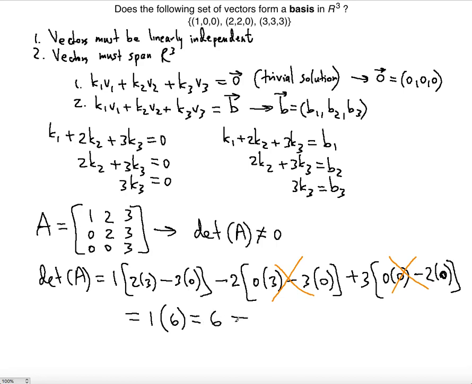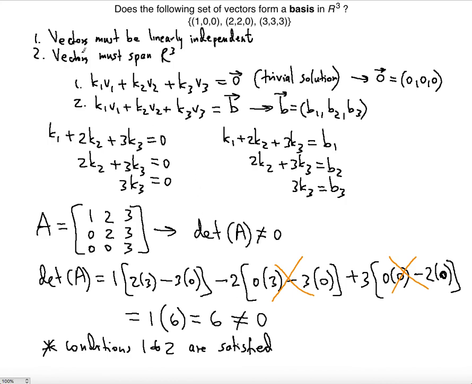So 6, and look what it means. This is not equal to 0, so the determinant is non-zero. So guess what you just did? You satisfied both of these two conditions, right? So you can say conditions 1 and 2 are satisfied.